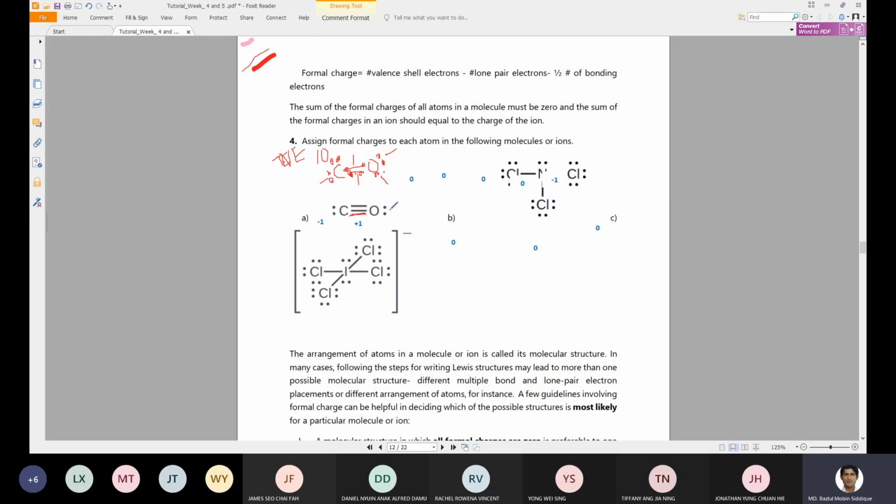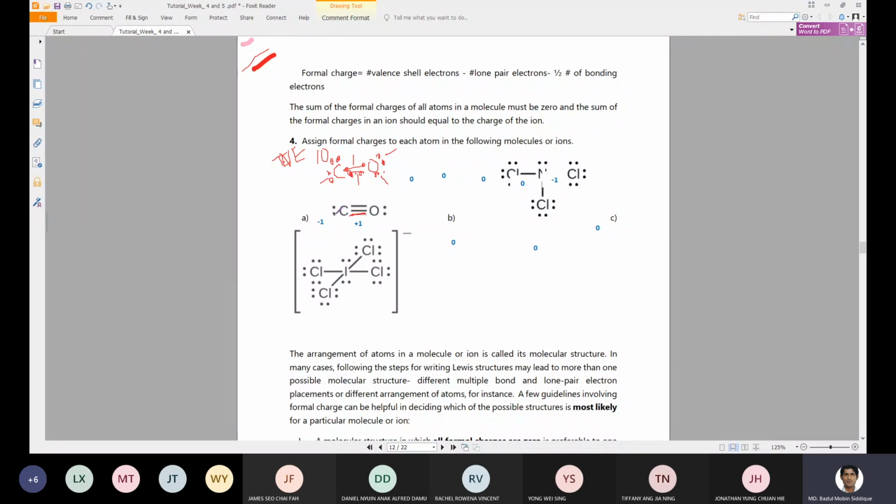But oxidation state is the actual thing, based on the actual electrons one atom is sharing. We will learn more about it later on, but for now, formal charge is totally different from oxidation state.